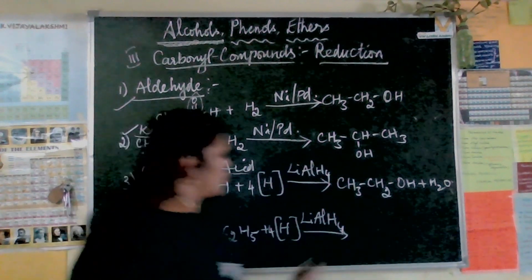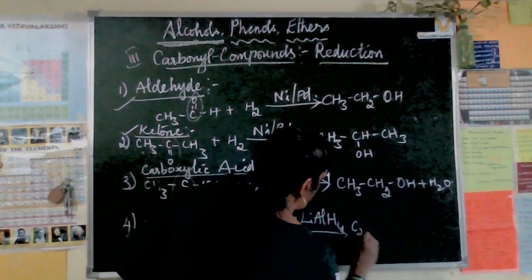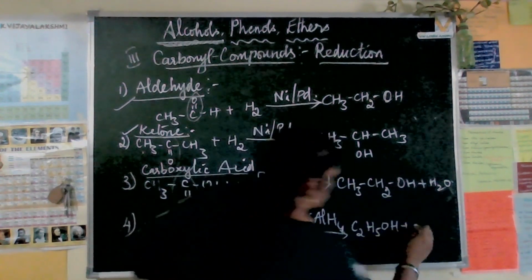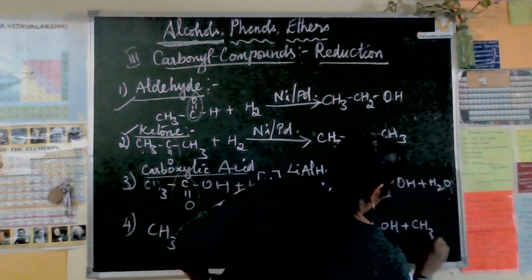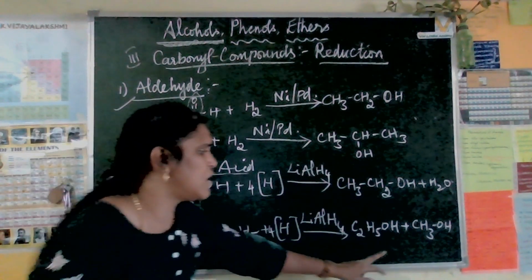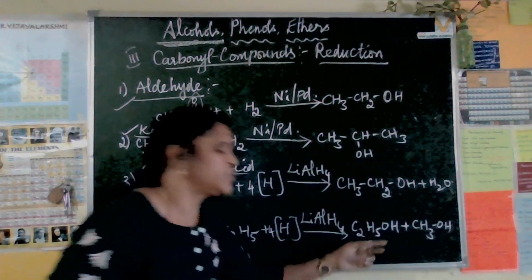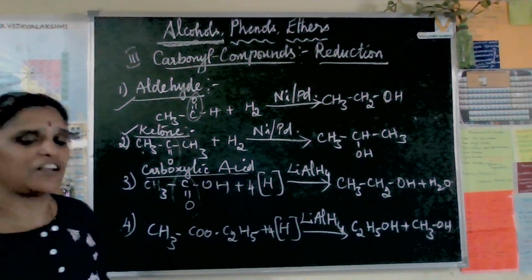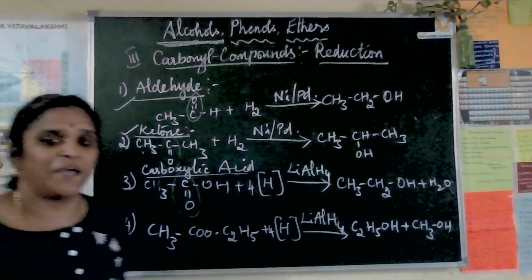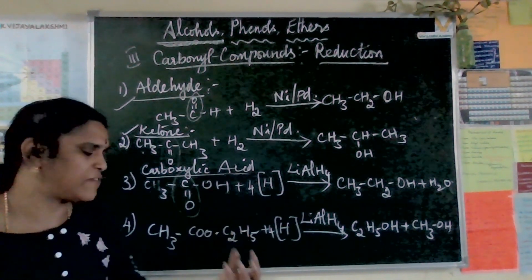So what you are getting here? C2H5OH plus CH3OH. So you will get two kinds of alcohol, CH3OH and C2H5OH. How to differentiate? According to the boiling point only. The first one they will collect, the other one will remain at the bottom of the flask.